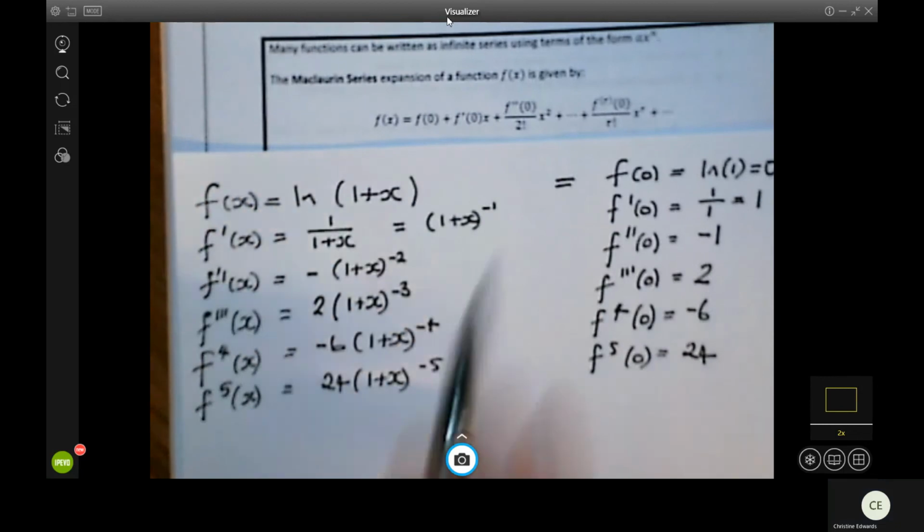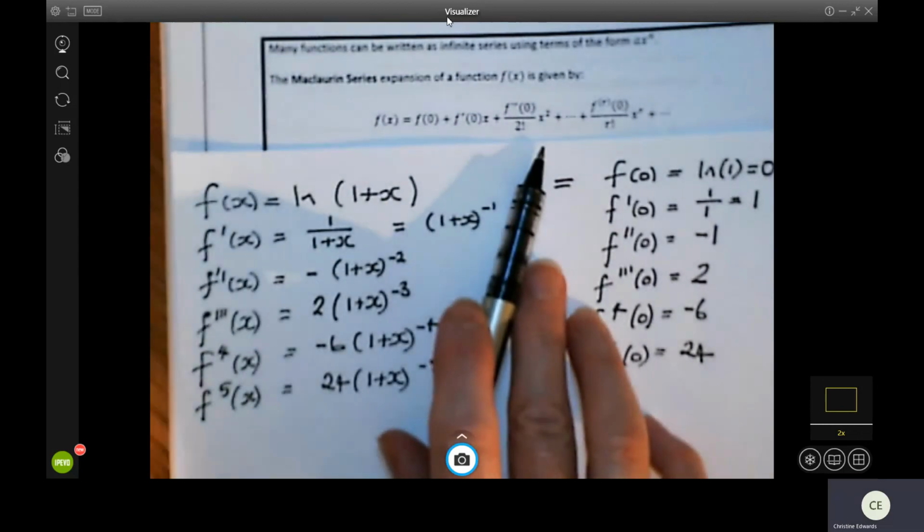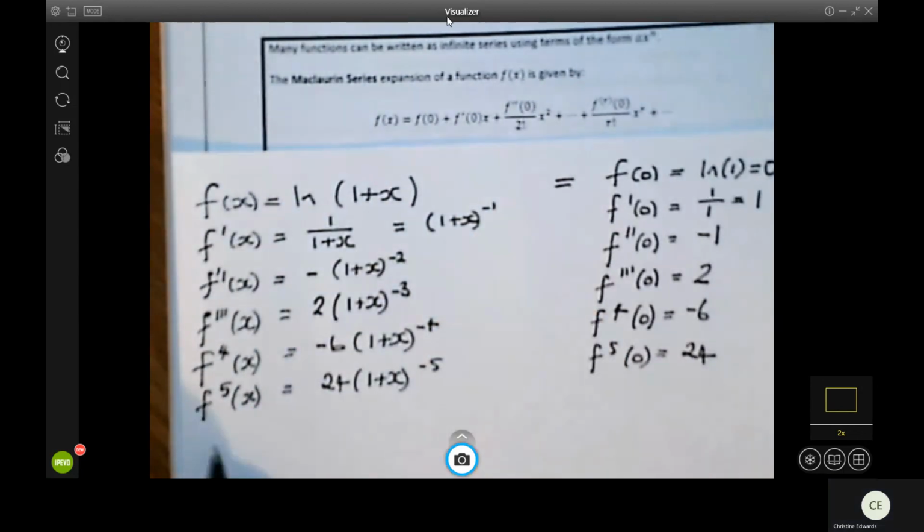So, I'm going to be subbing in to this function here.